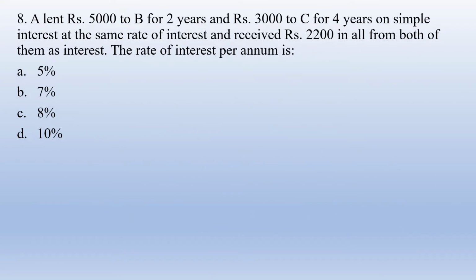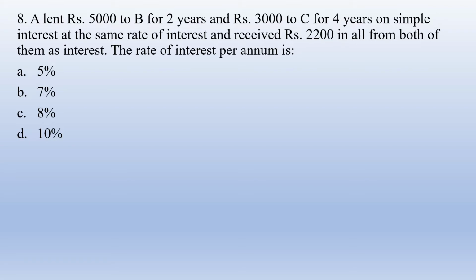Question number 8. Master A lent rupees 5,000 to Master B for 2 years and rupees 3,000 to Master C for 4 years on simple interest at the same rate of interest, and received rupees 2,200 in all from both of them as interest.